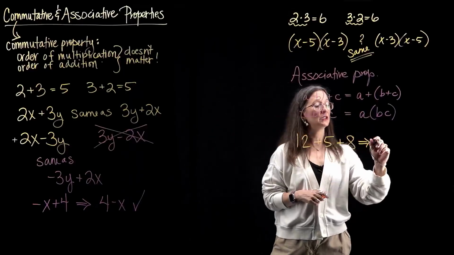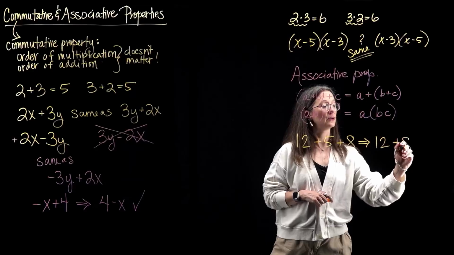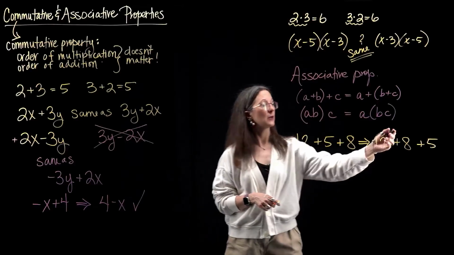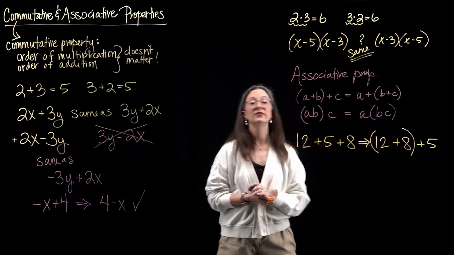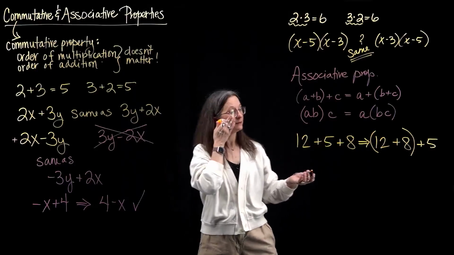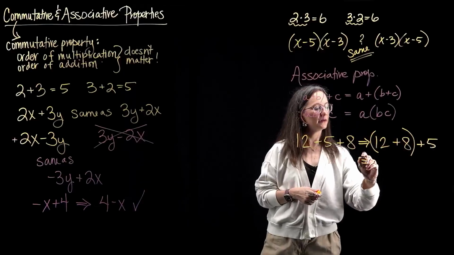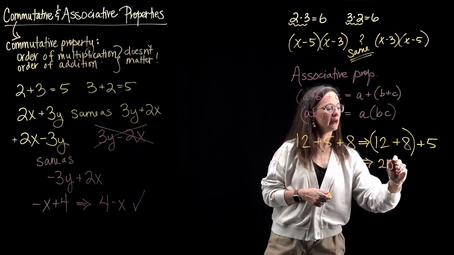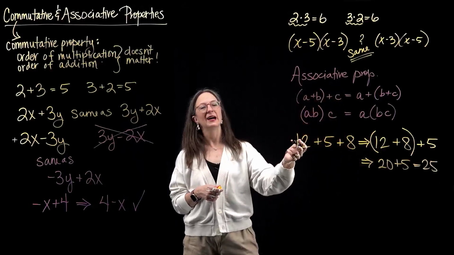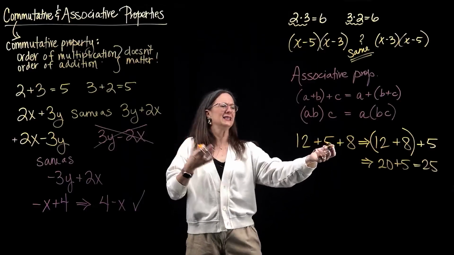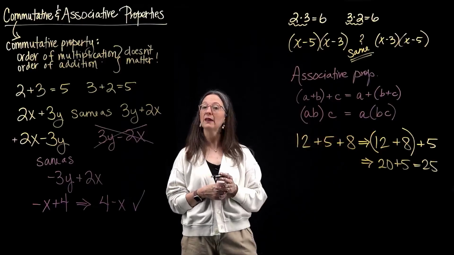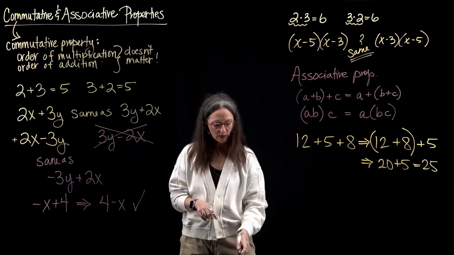I'm going to change the order of my addition, 12 plus 8 plus 5, because I would like to group 12 and 8 together because they make a lovely round number of 20. And it's easier for me to add 20 and 5 and get 25 than for me to add 12 and 5 and get 17, and then 17 plus 8 is 25. All right, so just when you're doing mental math, this can make your life easier.